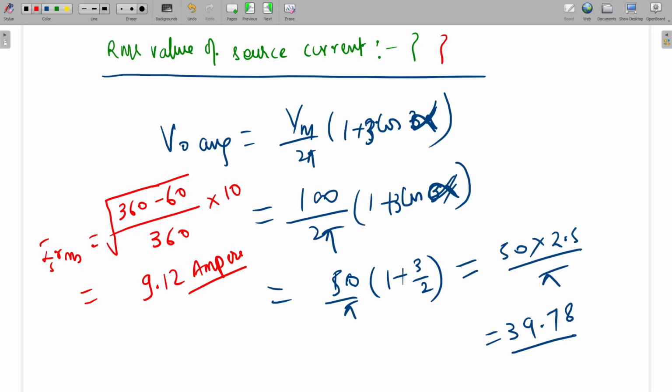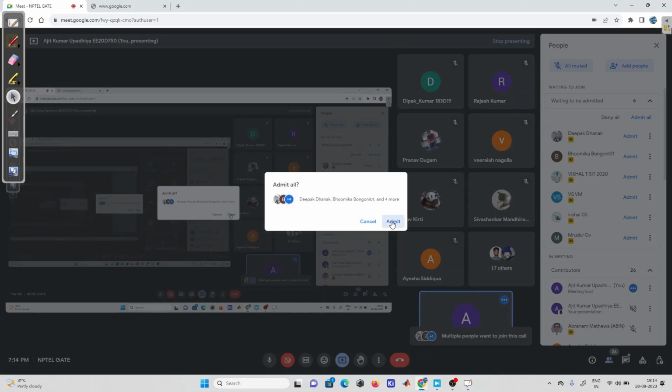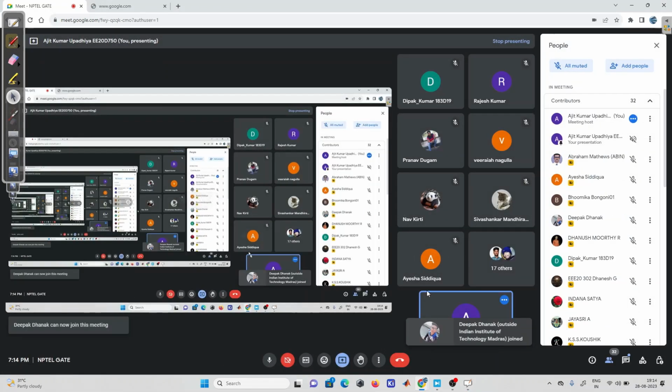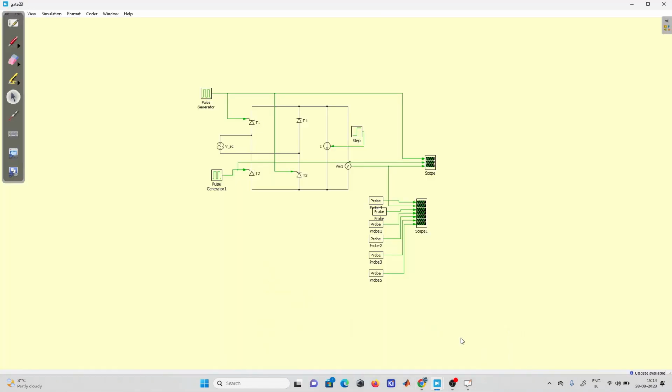Clear, sir. You can draw the waveform. For this question, I have done the simulation also. I will show you that waveform. One second. Is this screen visible? Yes, sir. Visible, sir.